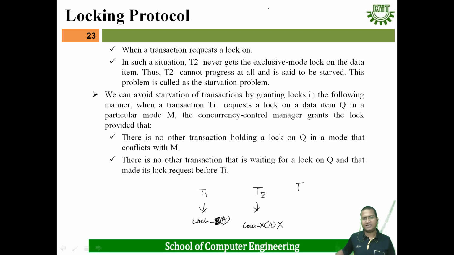Then suppose at that time the T3 transaction wants to apply a read lock on A, then that can be granted. Suppose after some time the T4 transaction wants to apply a read lock on A, then that can be granted.